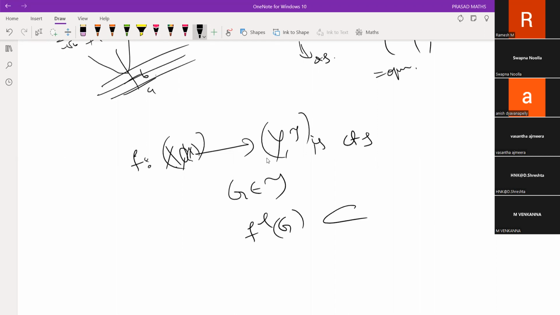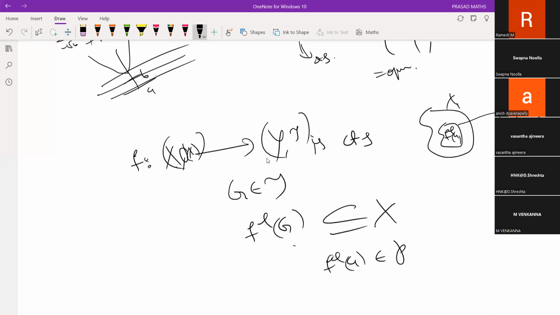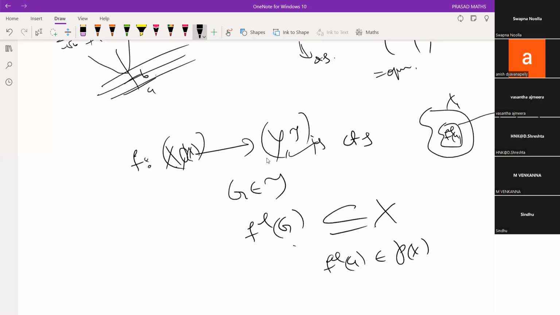The inverse image is always a subset of x. Any subset of x is always an open set with respect to the discrete topology. Therefore, the inverse image of an open set is an open set, hence it is continuous. So any function from a discrete topological space to any topological space is always continuous.